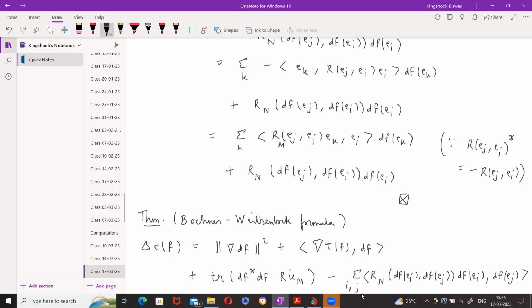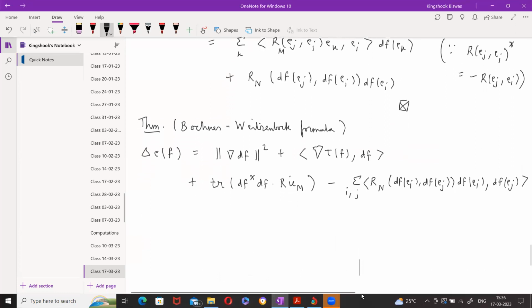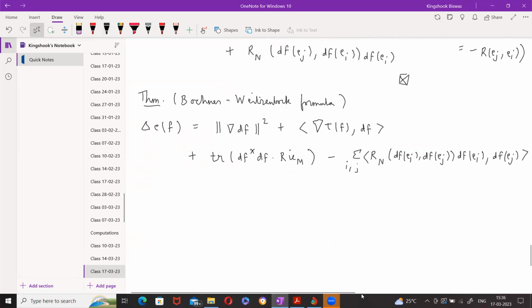This is the Bochner-Weitzenböck formula. Is the statement clear? Okay, so I have to tell you what this norm of nabla df squared is. This will be the sum over i, j of the norm of nabla df of e_i, e_j squared. That's what this norm of nabla df squared is.